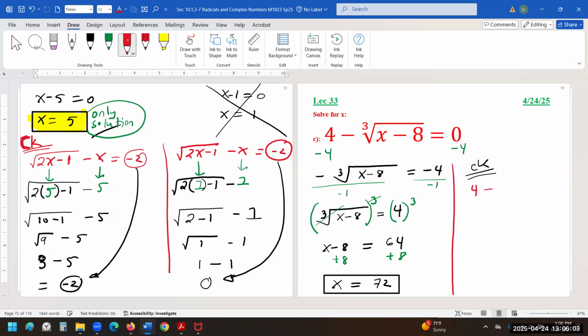We have 4 minus cube root of x minus 8. That has to be 0 when you substitute x with 72. So we have 4 minus cube root of 72 minus 8. We want the result to be 0.